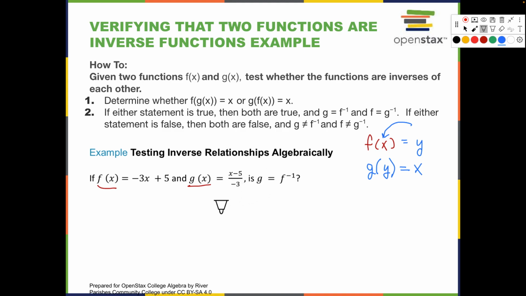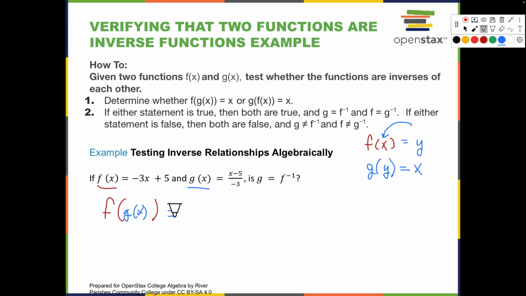The way we can test it is, let me change coloring here. Let's make g blue, like I did down there. If we take the composition of the function, so we're going to do f of g of x.